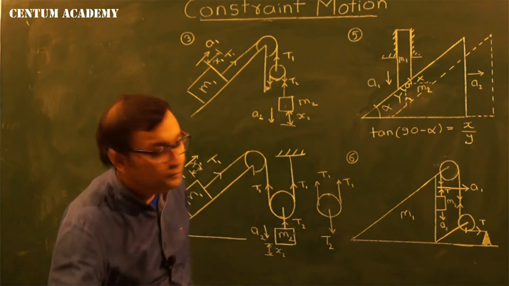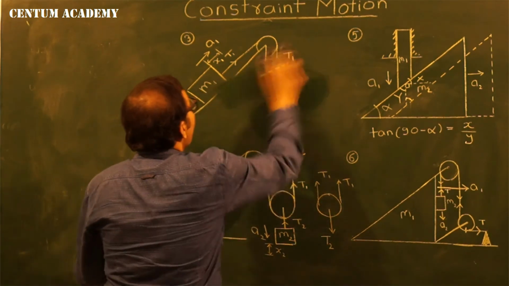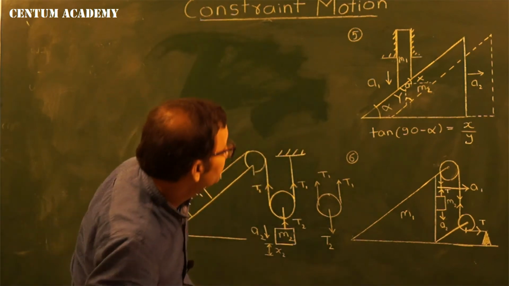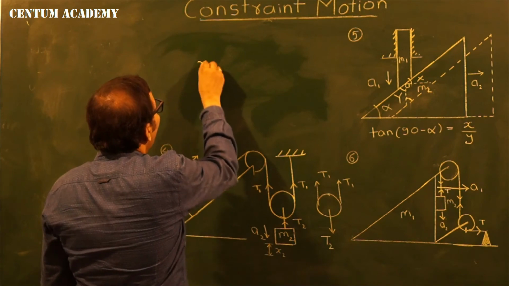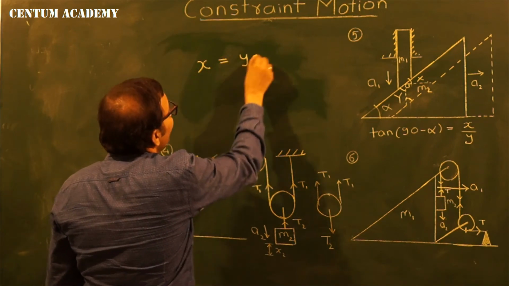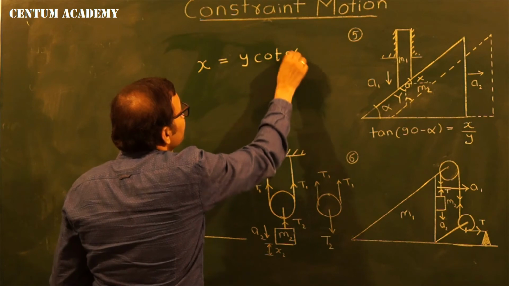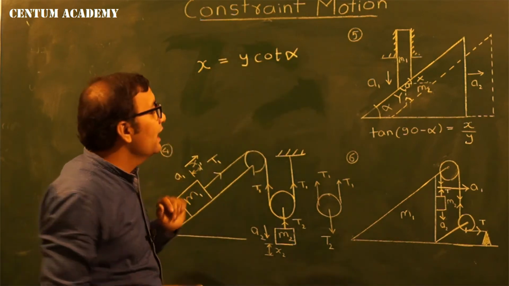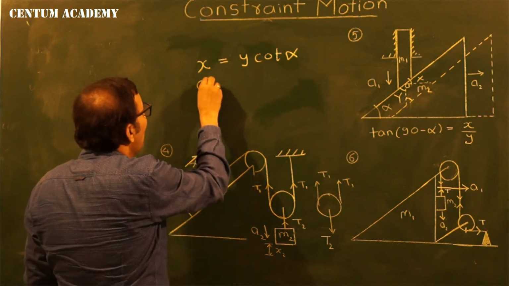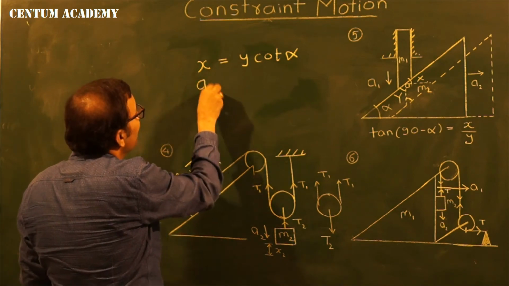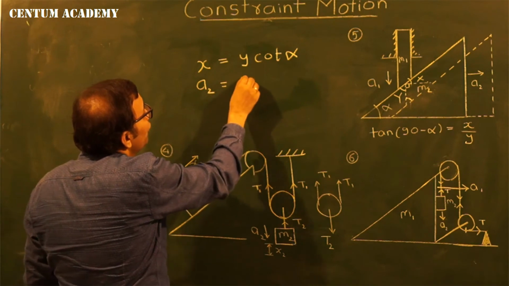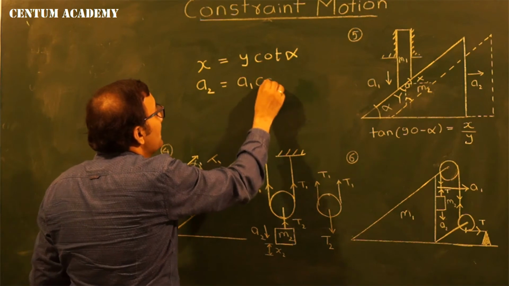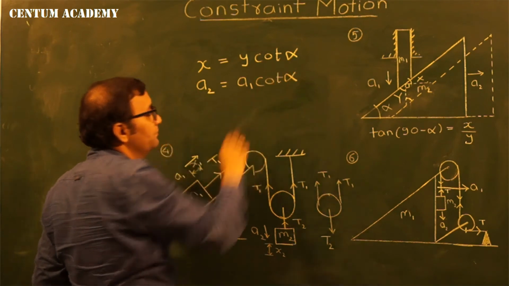Right? So what I will get is x is equal to y cot alpha. Right? If I differentiate this twice, I will get the acceleration of the wedge, which is because of x, is equal to the acceleration of the bar, let us call it a1, times cot alpha.